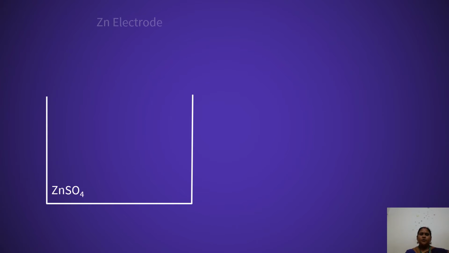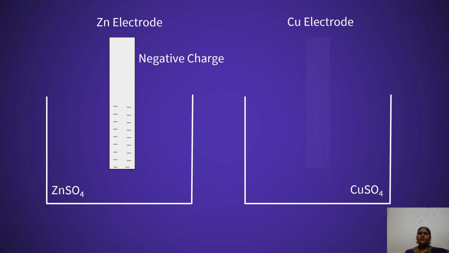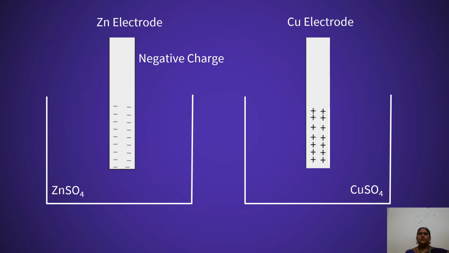When the zinc electrode forms zinc ions which pass into the solution, the zinc electrode acquires a negative charge. On the other hand, when the copper electrode is placed in a copper sulfate solution, the copper ions get deposited over the metal and thereby the copper electrode acquires a positive charge.